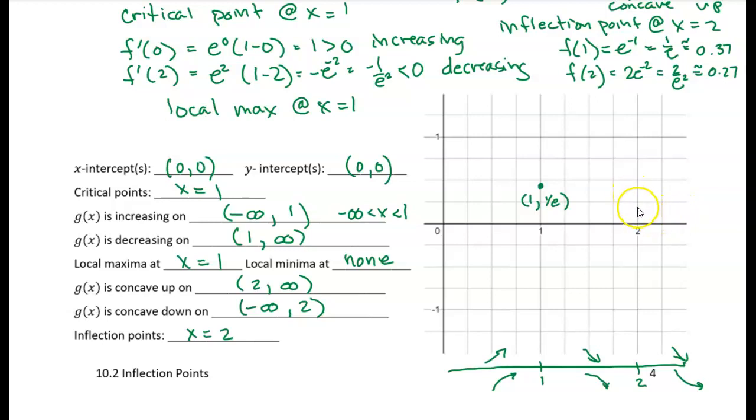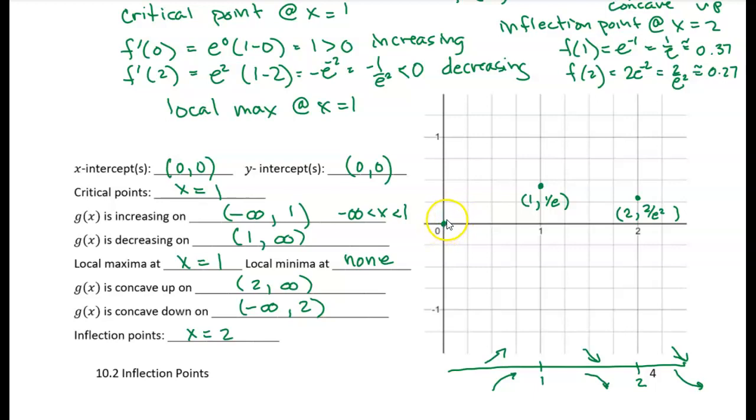And then at 2, we're at 0.27, so it's roughly about there. I can label that, 2, comma 2 over e squared. That's the exact point. And at 0, we also know this point 0, 0, because that's our x and our y intercept.